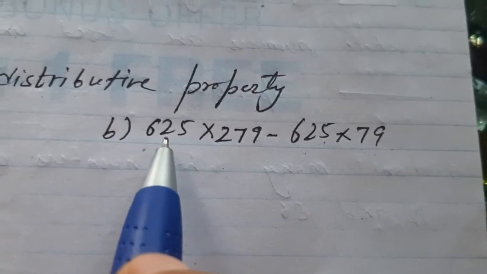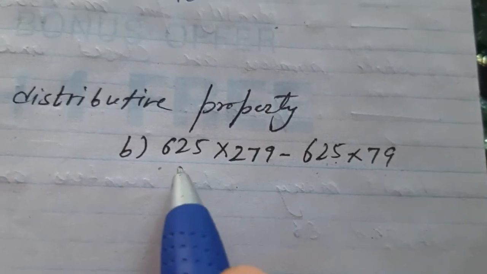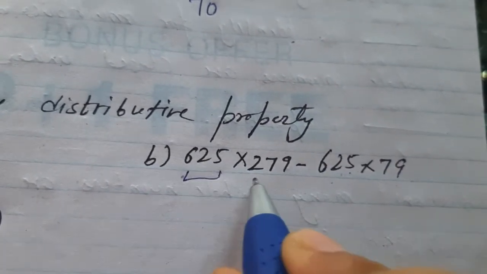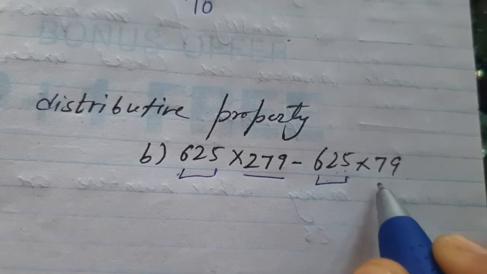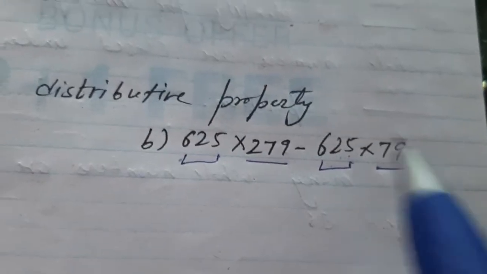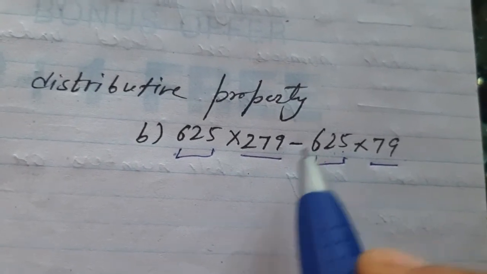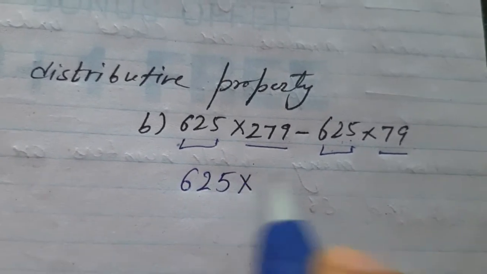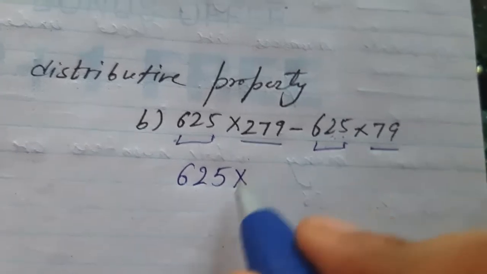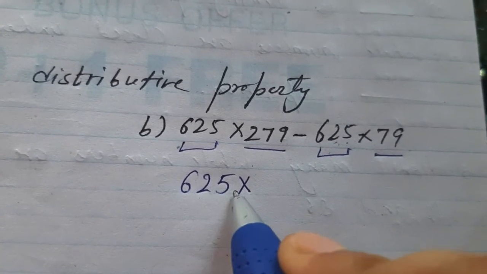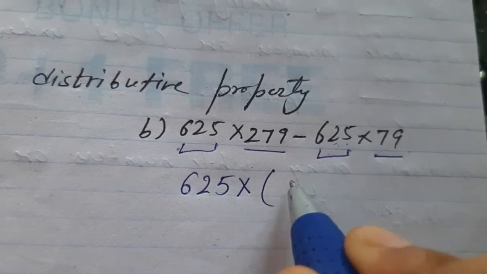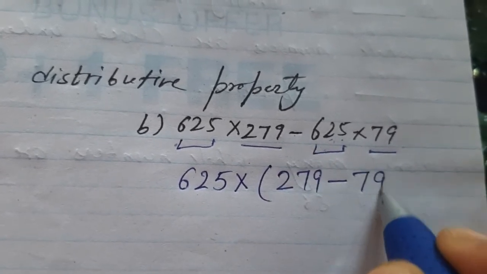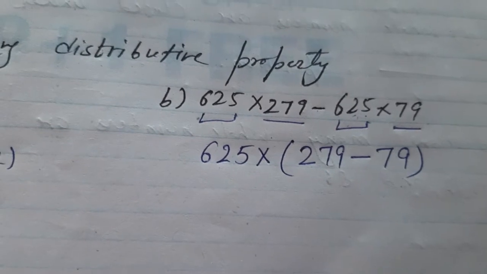Next is using distributive property we have to solve it. This is 625 into 279, 625 into 79. So in between negative sign is here. So what we can do here, we can write it down like this. 625 in both, दोनों में है, so we can write it down like this. 625 into 279, minus sign as it is रहेगा, and 79 will come here.